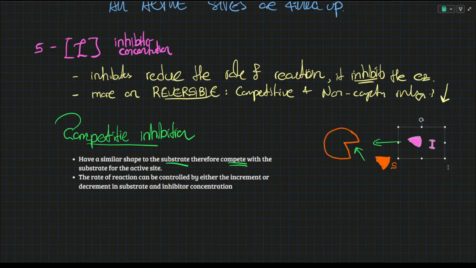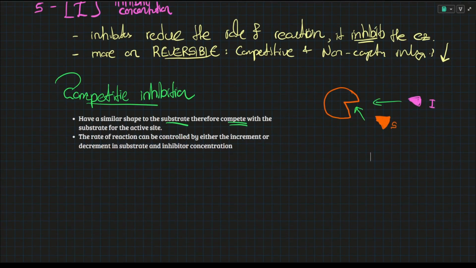Meaning, if you have more inhibitors, the reaction will be inhibited. If you have more substrates, the reaction will go ahead and you will have more products.